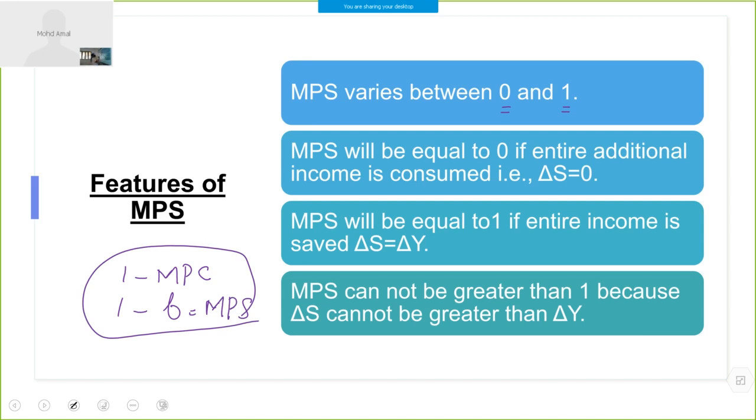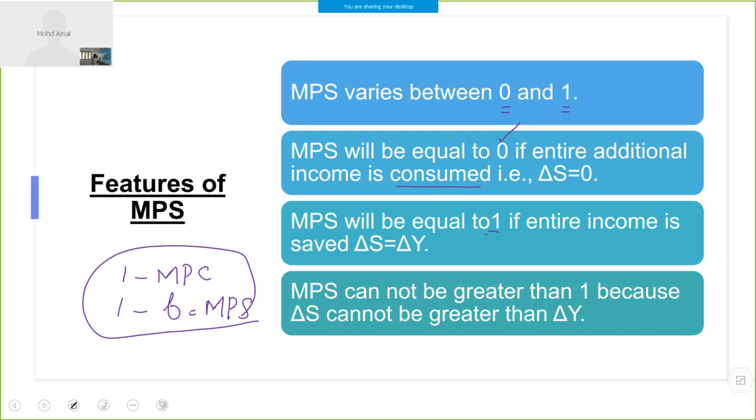MPS will be equal to 0 if the additional income is consumed. If the whole additional income is used for expenditure, the marginal propensity to save will be equal to 0. The next one, it will be equal to 1 if the entire income is saved, that is, delta S is equal to delta Y. Here, if entire income is consumed, MPS will be equal to 0.